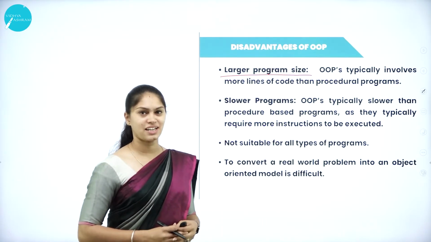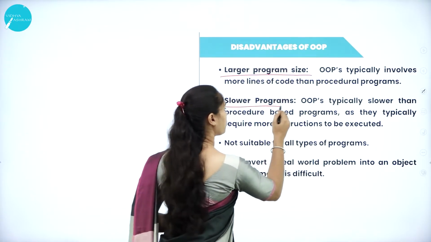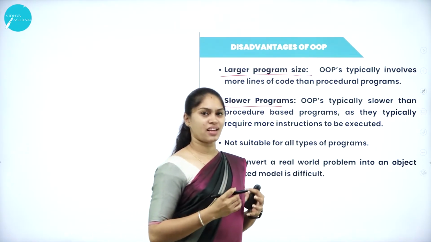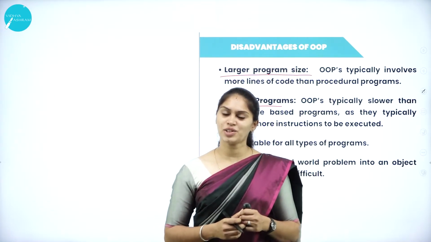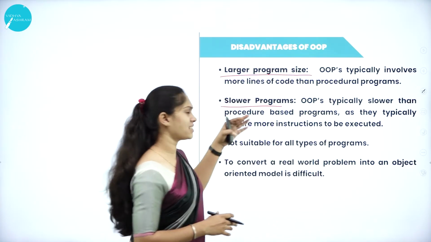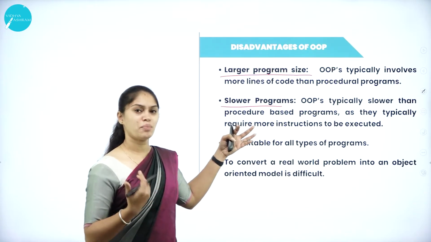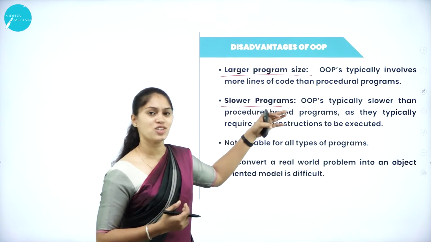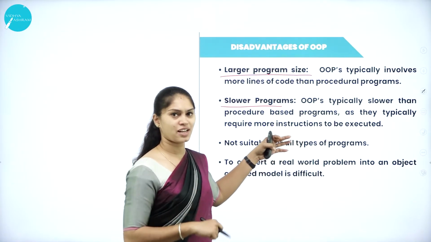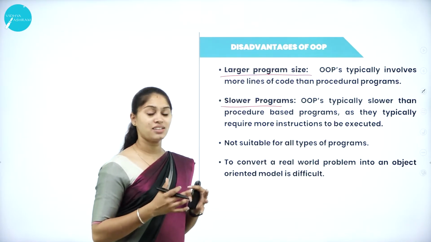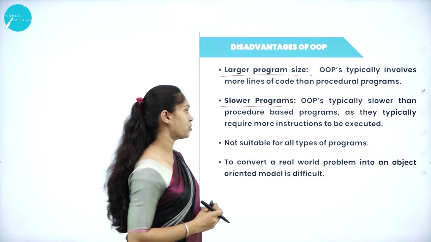What is the next disadvantage we have? Slower programs. You just analyze one thing. If the number of lines of code is more, then it will take slower execution. That means what? Slower programs. If the number of lines of code is more, then the execution will take more time. So that can also be considered a disadvantage of object-oriented programming.